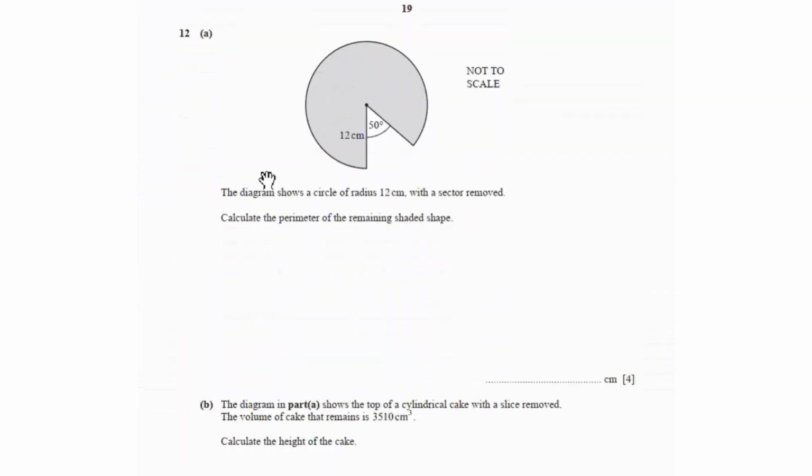Question 12 says the diagram shows a circle of radius 12 centimeters with a sector removed. Calculate the perimeter of the remaining shaded shape. So this is 12, this is also 12. And for the length of arc, we use the formula. So perimeter is twice 12 plus, now for the angle, it's going to be 360 minus 50, which is 310.